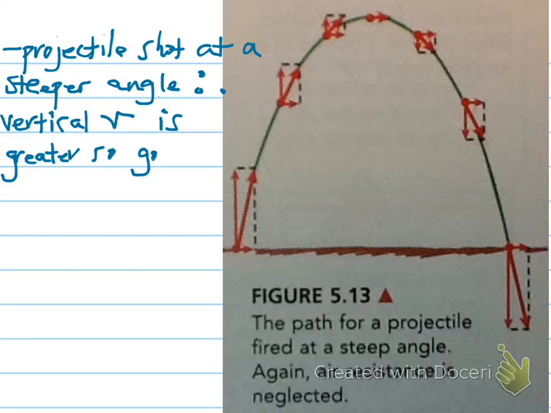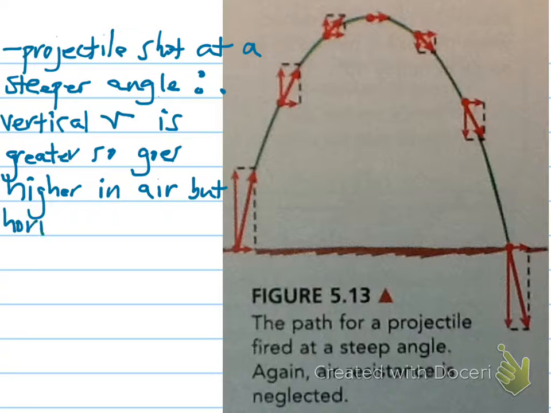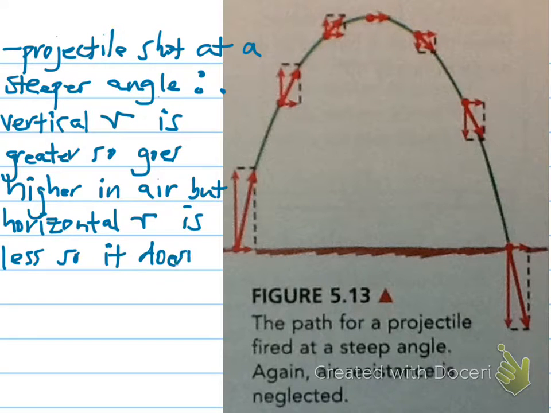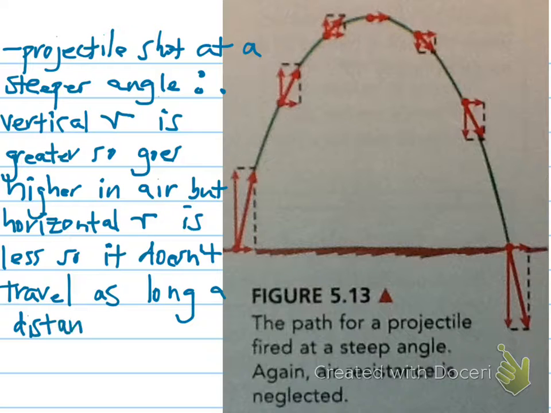So it goes higher in the air, but the horizontal velocity is less, so it doesn't travel as long a distance over the ground.